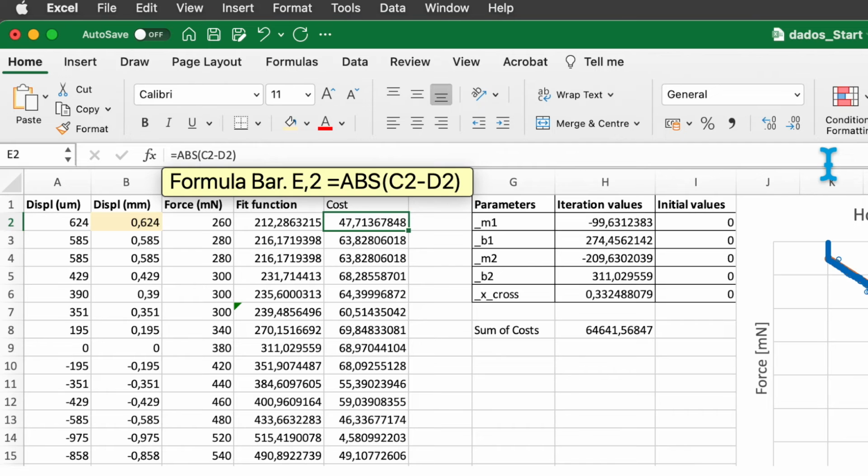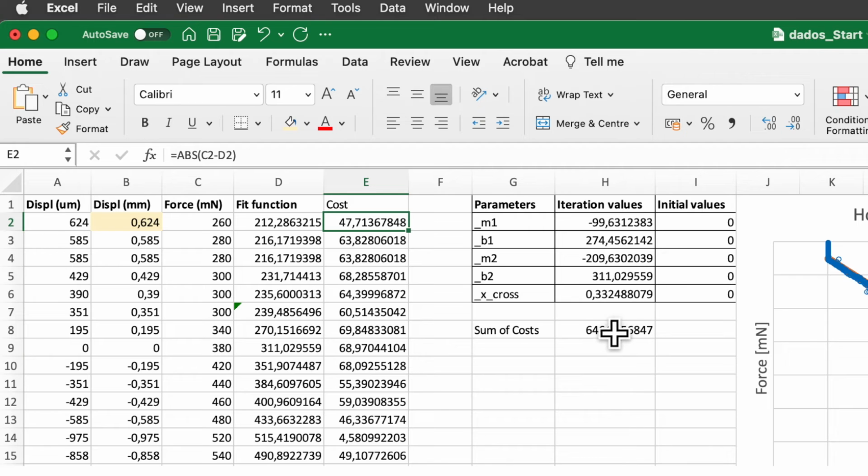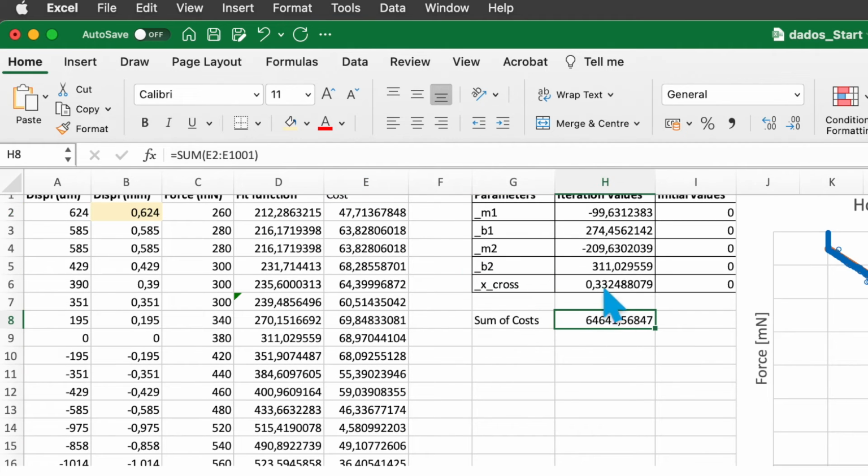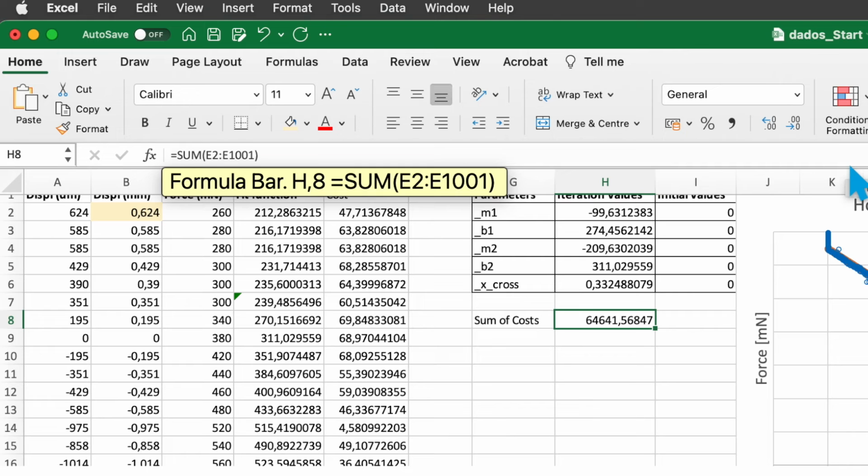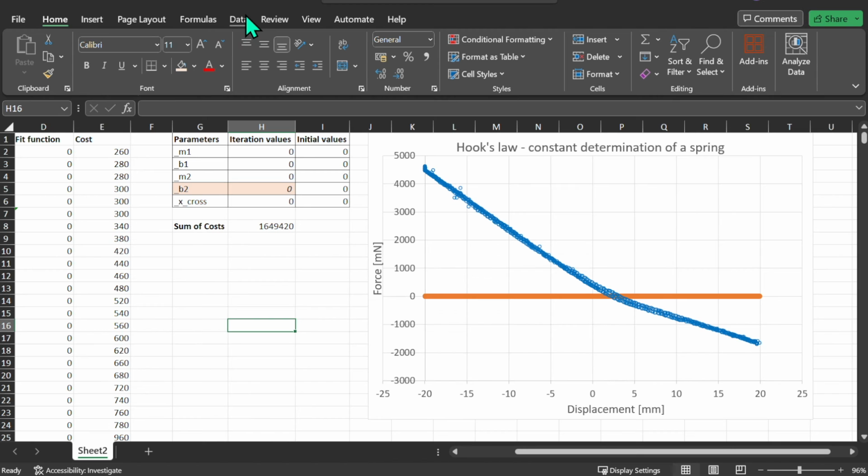This function is basically the distance from the calculated force to the measured one. So, in column 5, by summing up all these values in the cell sum of costs, we'll get a measure of the goodness of our fit, or how much the computed fitted values will deviate from the measurements.